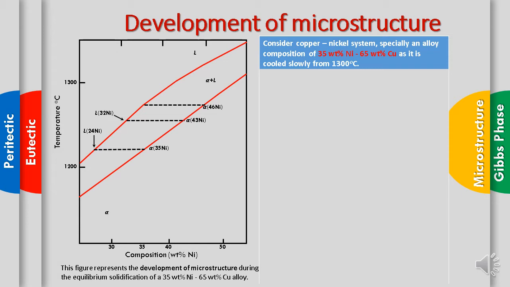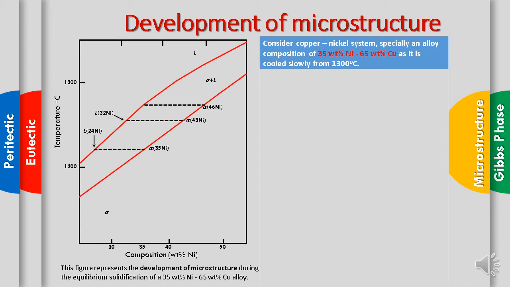In this case, we have the composition of copper and nickel, and the composition produces an alloy. Let's look at 35 weight percent of nickel and 65 weight percent of copper, as it is cooled slowly from 1300 degrees Celsius. Here is the copper nickel phase diagram.